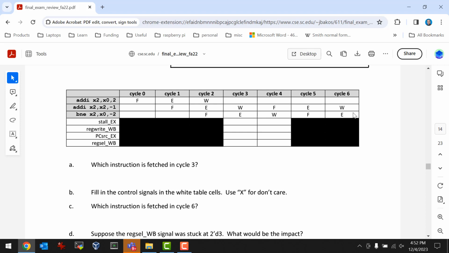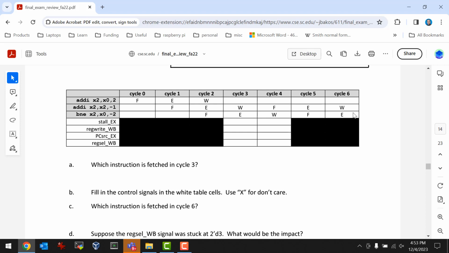Remember that this -2 is relative to itself, right? So that means 1, 2. That's not the same as MIPS. In MIPS, -2 would have been the second addi, right? But in RISC-V, that offset is relative to the branch instruction itself, right?